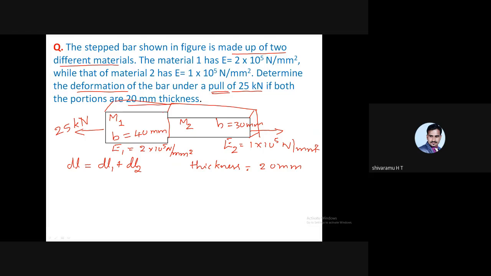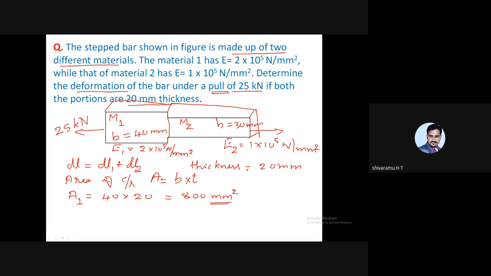Whenever the thickness is given, the area of cross section is rectangular, so area of cross section is breadth into thickness, B into T. For portion 1, A1: B is 40 and thickness is the same, 20. 40 into 20 is 800, and area is in square millimeter.